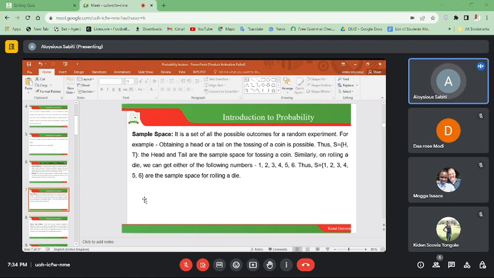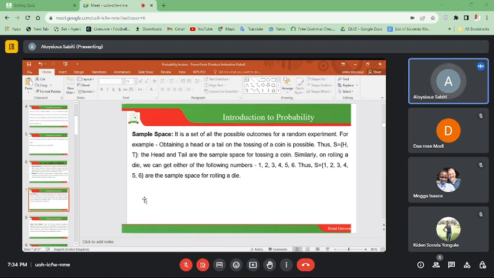Obtaining a head or a tail on tossing a coin is possible, and therefore the sample space for tossing a coin is a head and a tail.